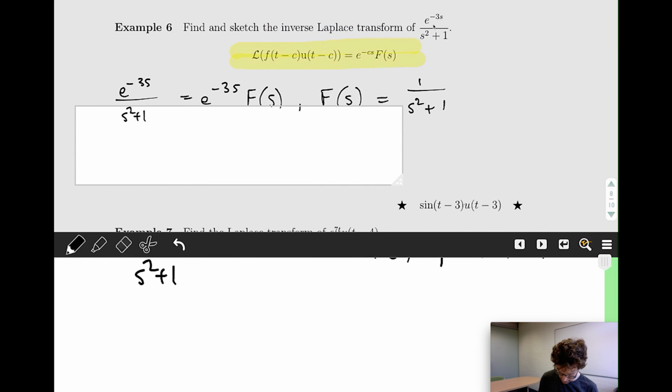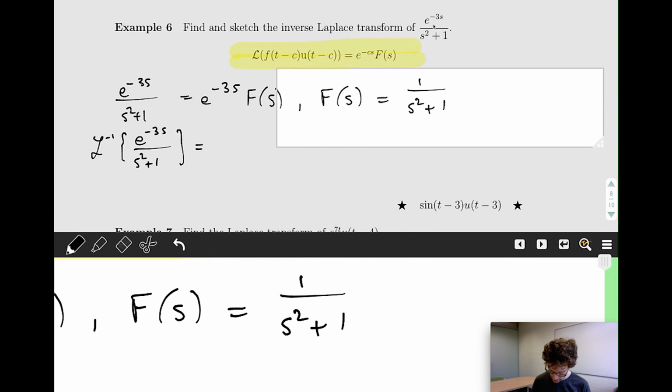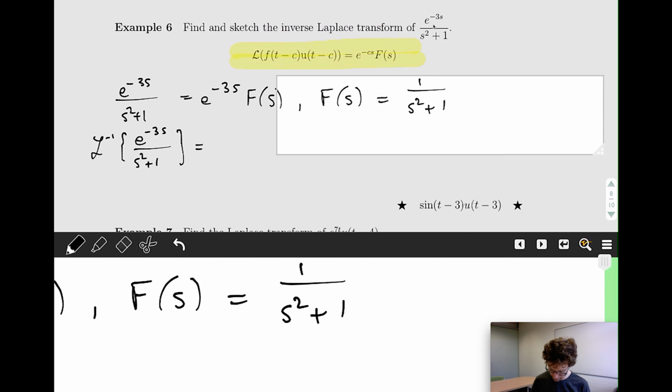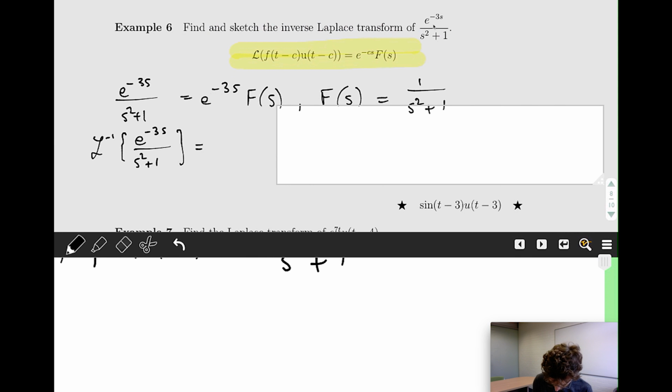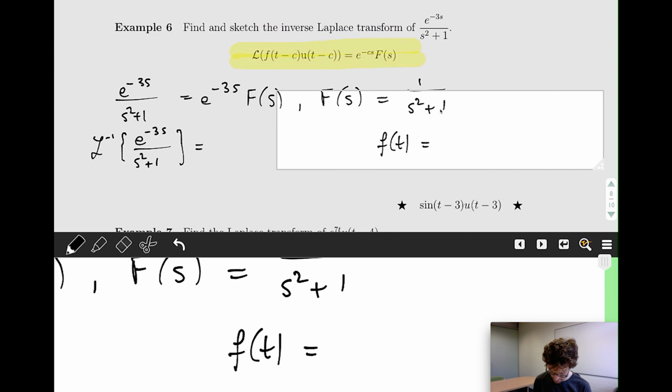So that means that the inverse Laplace transform of this function is going to be a shift and a cut of the function f of t. So f of t is going to be given by the inverse Laplace transform of 1 over s squared plus 1. So that's just sine of t.